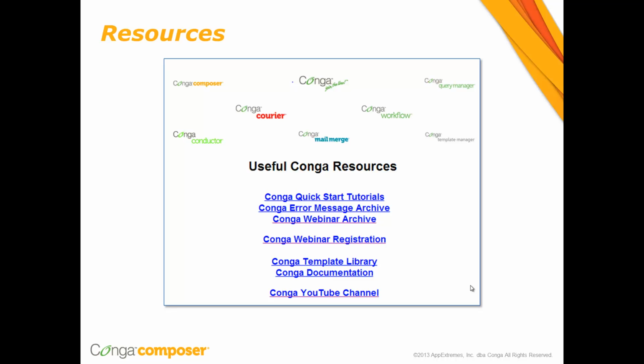This template library is a collection of sample templates, which gives you ideas of different things that you can do with Conga Composer, and you can actually use these templates as the basis for your own solutions. We have our documentation, which is available on the website and from within the knowledge base. And then finally, we have a YouTube channel, which contains a collection of videos that you might find useful.